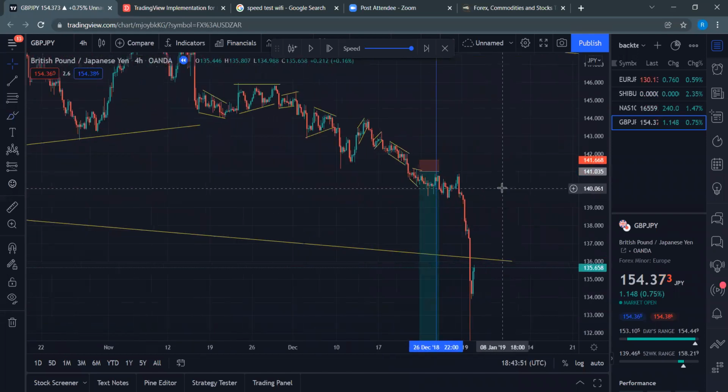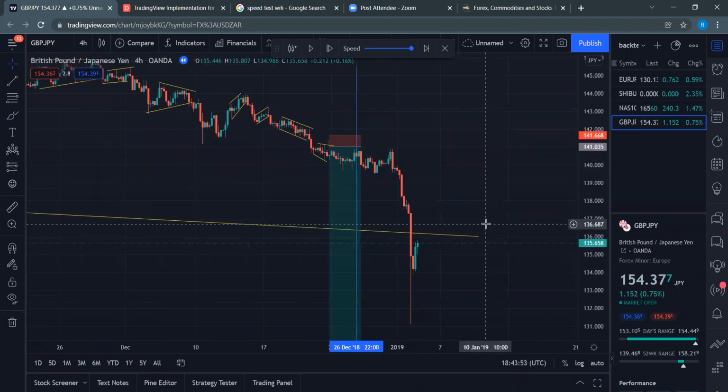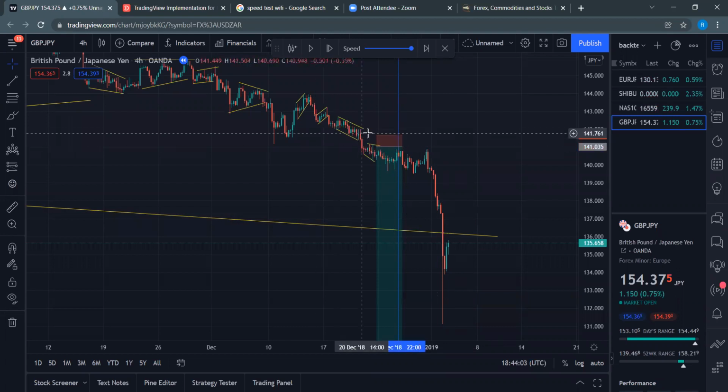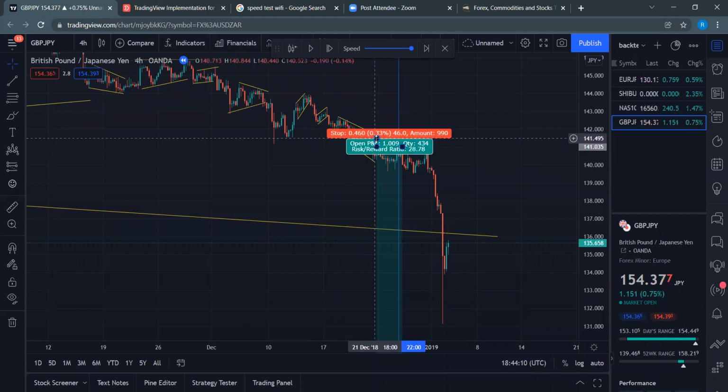So boy, look at this. Look at how beautiful this is. So where are your entries here? Your stop loss is up here, somewhere up here at the top of this structure. 30 pips at best, 30 pips.